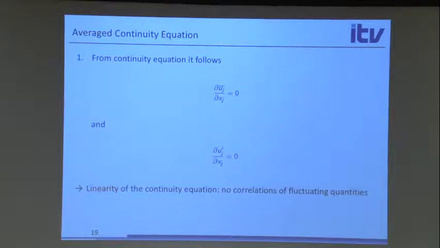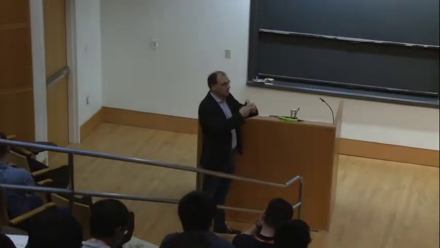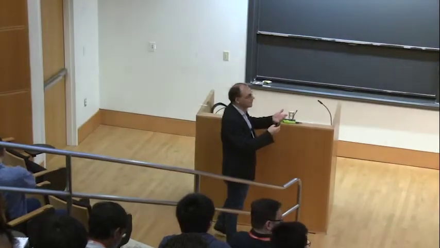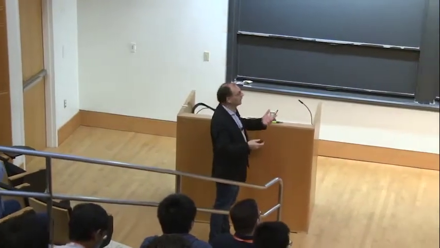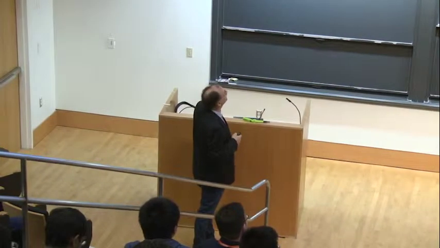So this just says the divergence of the mean velocity is 0, just like the divergence of the local instantaneous velocity is 0, and also the divergence of the fluctuating velocity field is 0. And that is because this is a linear equation, and then, of course, you add this decomposition, and you can split it up into two separate equations.